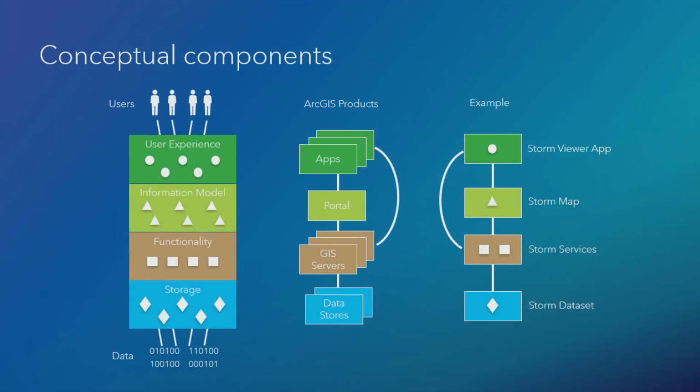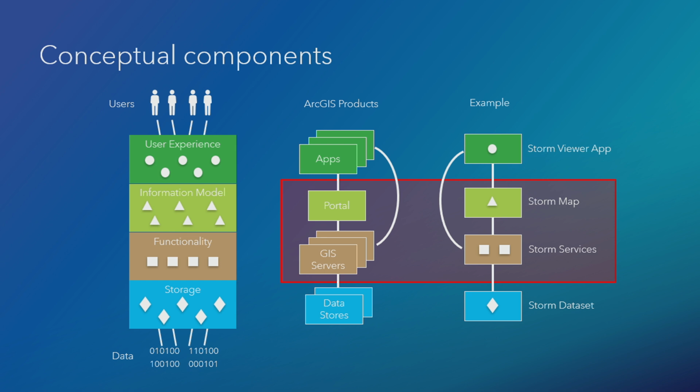If we go back to what Whit was just showing us with these conceptual components, you have those 4 layers, you have the different pieces that make it up within the ArcGIS platform and ArcGIS Enterprise specifically. But we're going to be focusing on those 2 pieces in the middle for the most part, right?